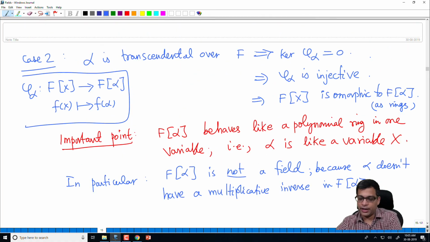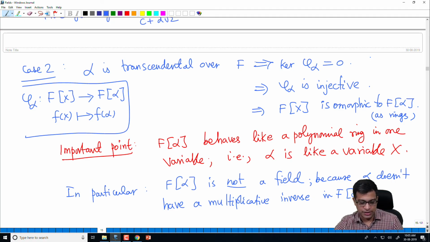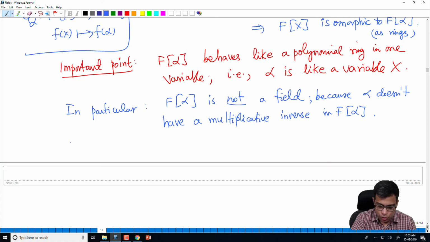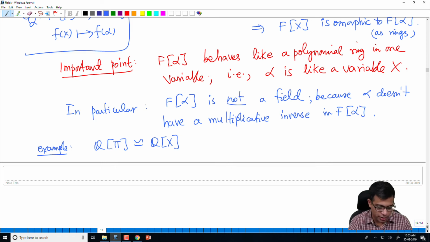That is a fact, because x goes to alpha under this map and x has no inverse, so alpha cannot have an inverse. So as an example, Q[pi] is isomorphic to Q[x], because pi is transcendental, as I remarked earlier, but Q[x] is also isomorphic to Q[e].